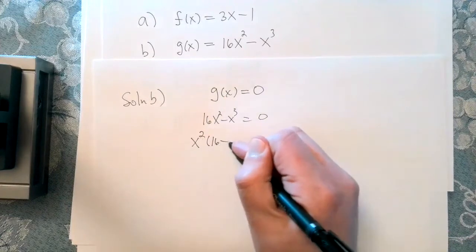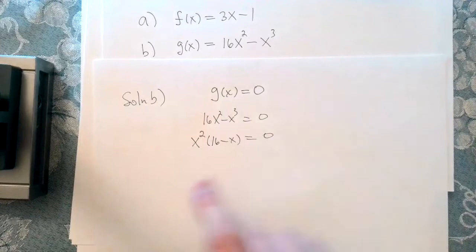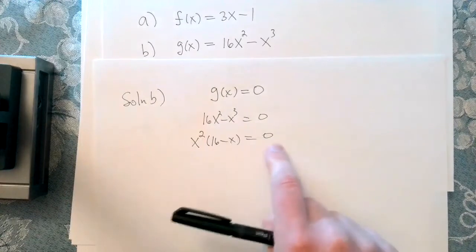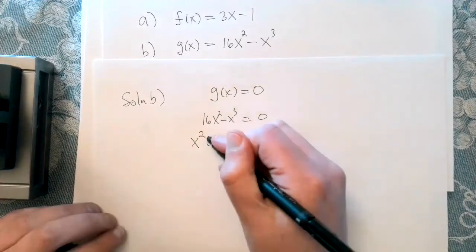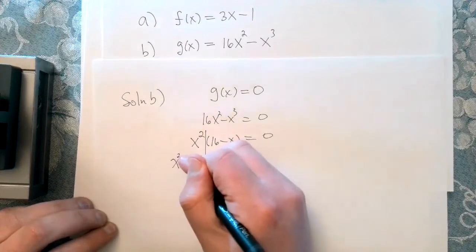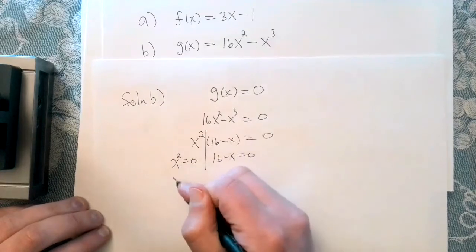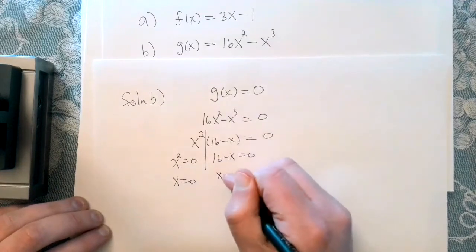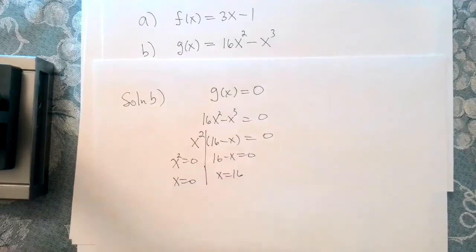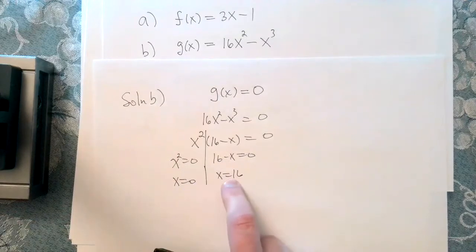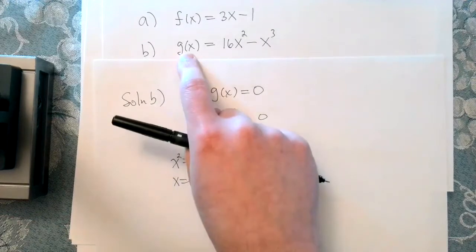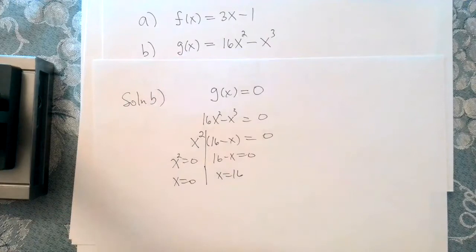That leaves me with 16 minus x. And remember, if the product of two things is equal to 0, then at least one of them is 0. That allows me to do this. And so here x is 0 and x is 16. So there's two zeros. There's two inputs that the function g will send to 0 as an output.